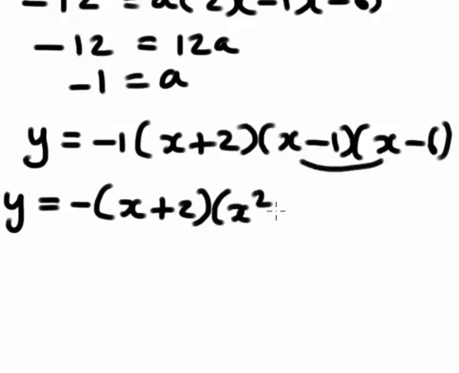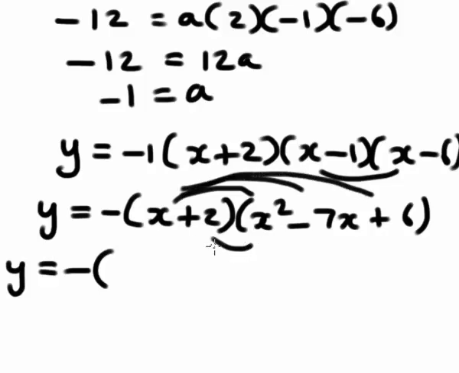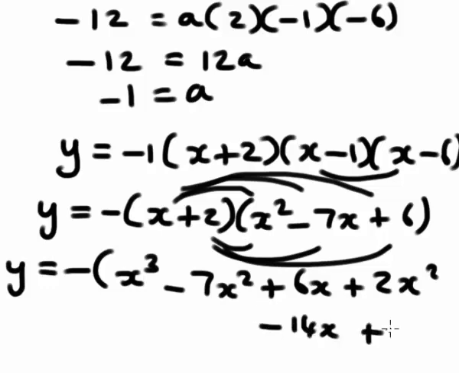So it gives you x squared minus 7x plus 6, and then all we do is we then multiply like this. Let's see what we get. So it's x cubed minus 7x squared plus 6x plus 2x squared minus 14x plus 12.